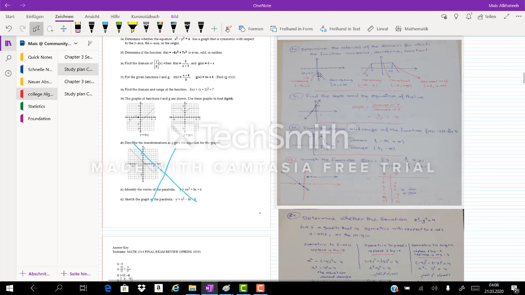They have this graph, and (0, minus 2) is the vertex of this parabola or this function.